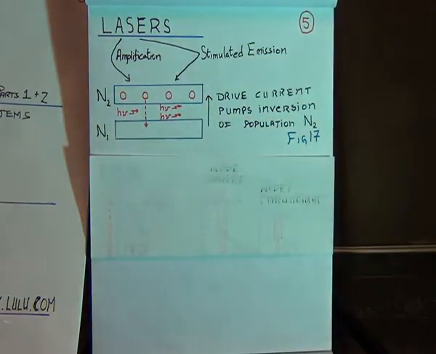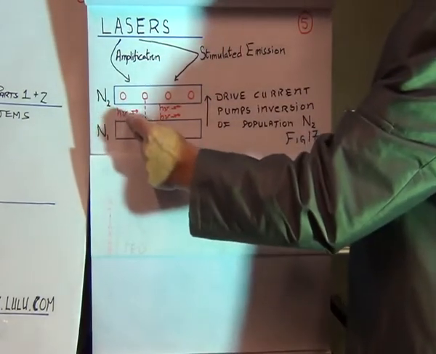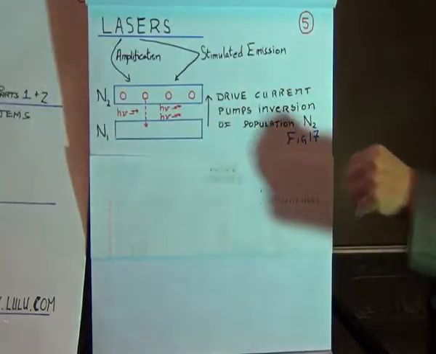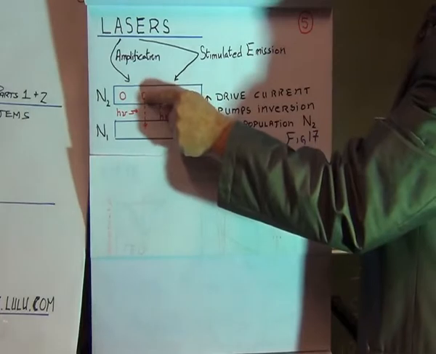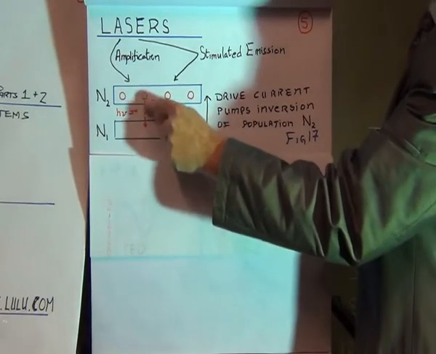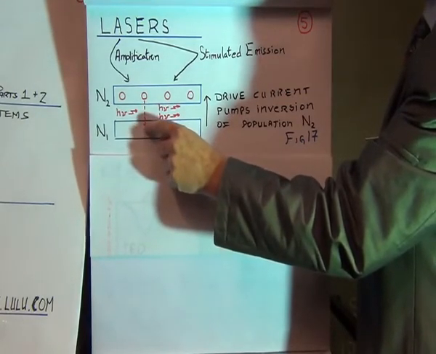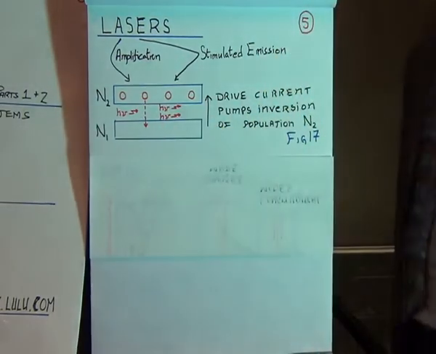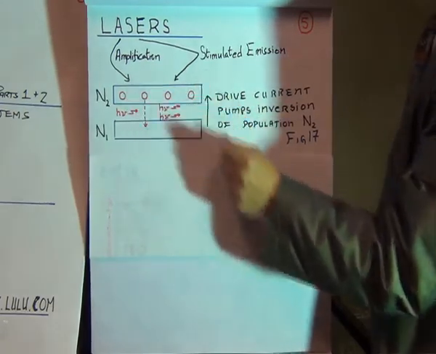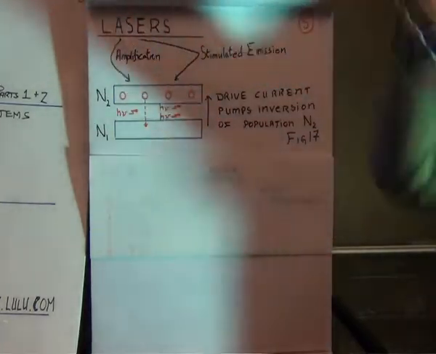And what we would like to happen is stimulated emission to occur, whereby a photon of light inside the sandwich of the double heterostructure stimulates an electron in the upper conduction band to recombine in a vertical transition to the lower band, the valence band, and emit another photon. So if 1 brings 2, before we get to the end of the laser, the 2 makes 4, the 4 makes 8, we can see that's an exponential increase.